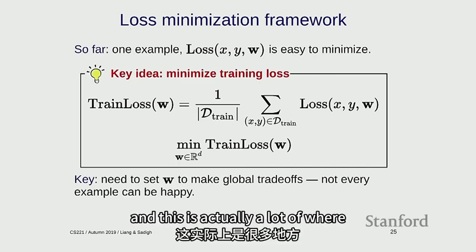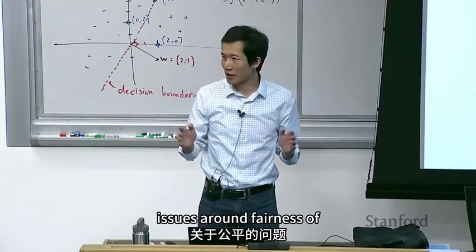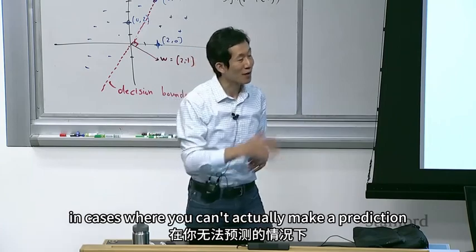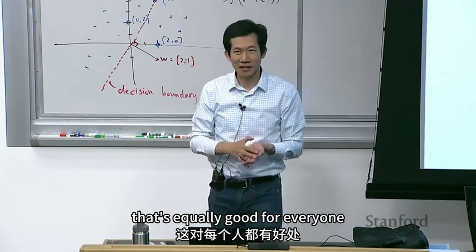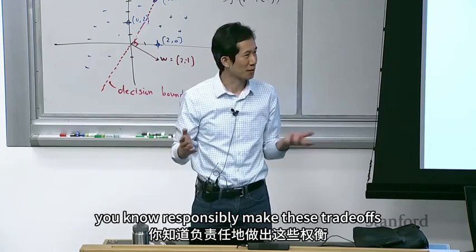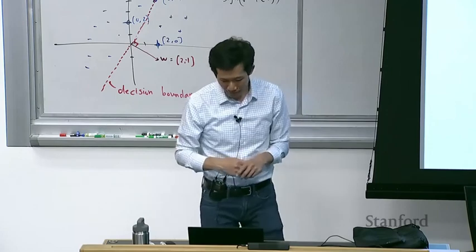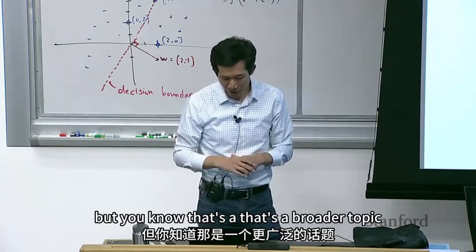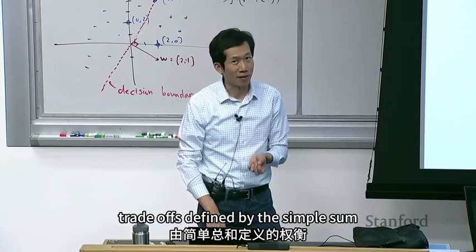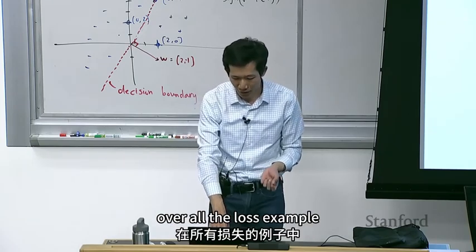This is actually where a lot of the issues around fairness in machine learning come in, because in cases where you can't make a prediction that's equally good for everyone, how do you responsibly make these trade-offs? But that's a broader topic. Let's just focus on trade-offs defined by the simple sum over all the examples' losses.